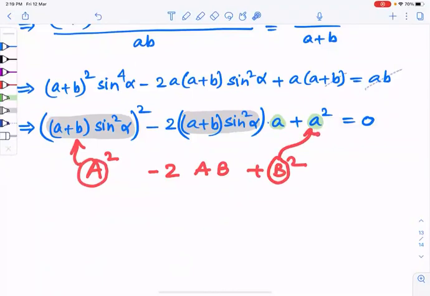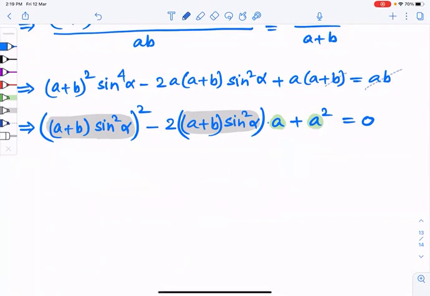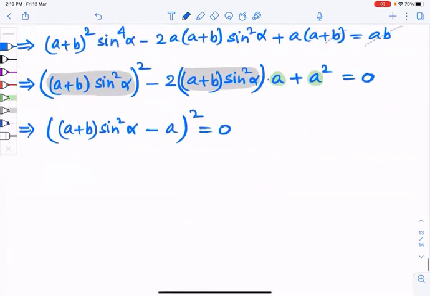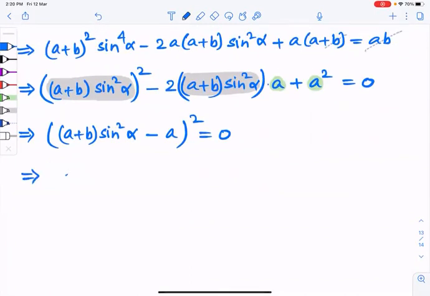So it is A square minus 2AB plus B square, which is the A minus B whole square formula. So I can write it as a plus b sine square alpha minus a whole square equal to 0, which will eventually give us sine square alpha equal to a by a plus b.